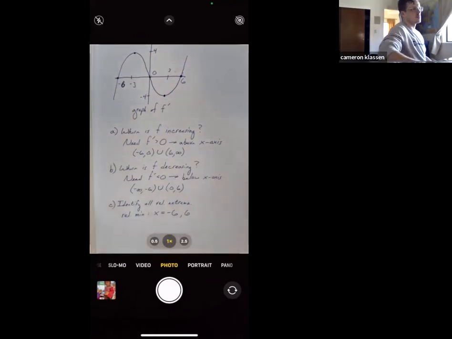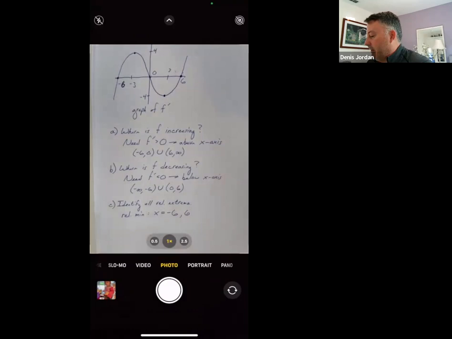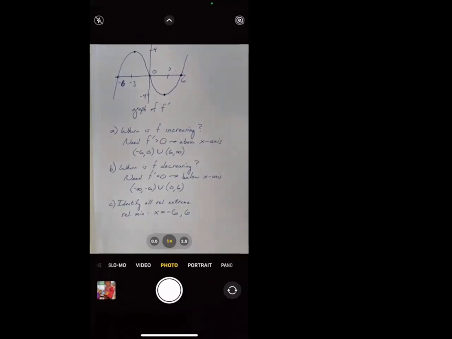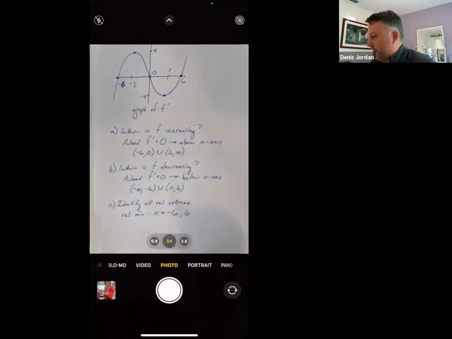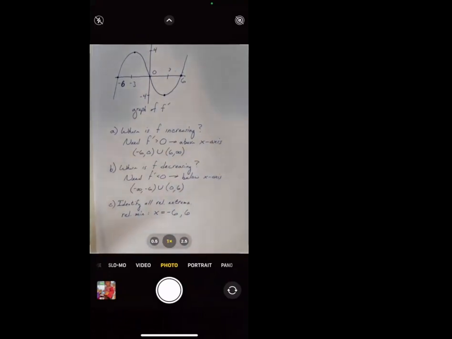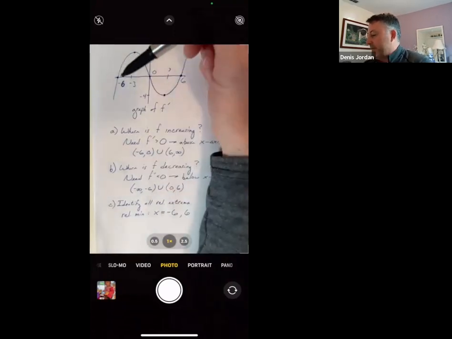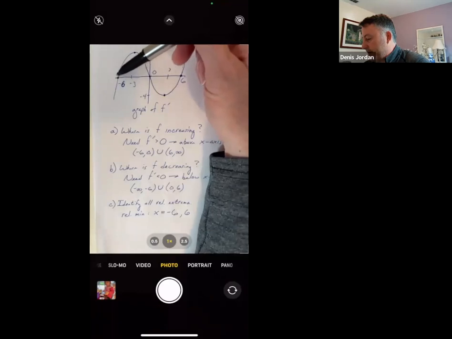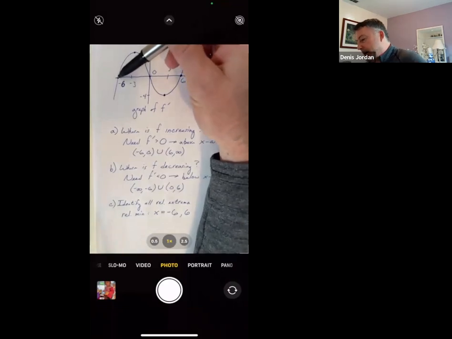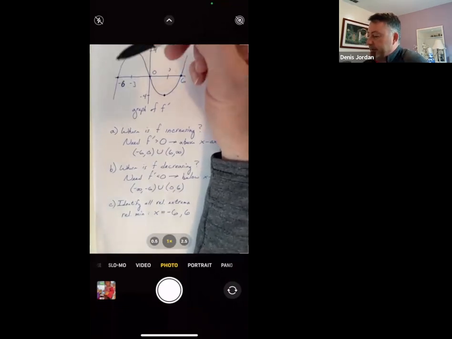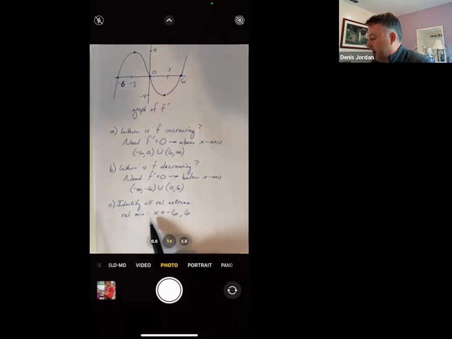So for the relative minimum, why do you only need the x value? Why are you not able to find the y value? Because we don't have the original function. Yeah, because anytime you want the y coordinate, you always plug the x value back into the original function, but you don't have it. So you can't give a y coordinate. It's not the point (-6, 0), because that's a point on the derivative, not the function. It might be at (-6, 0), but you don't know for sure. So you can only give the x values.